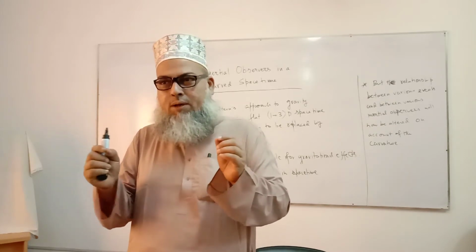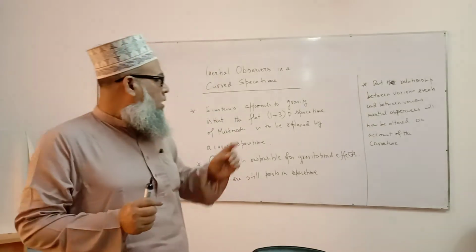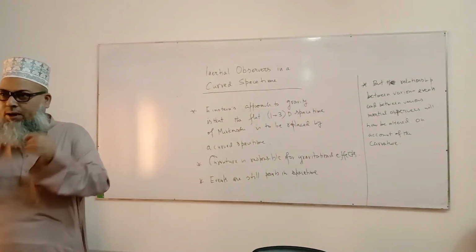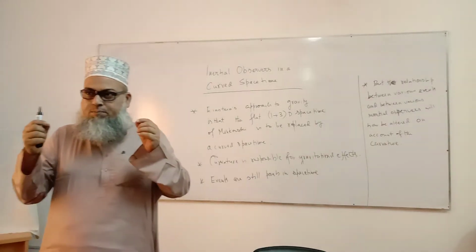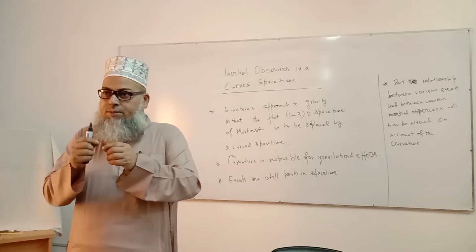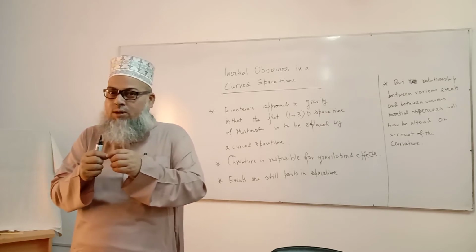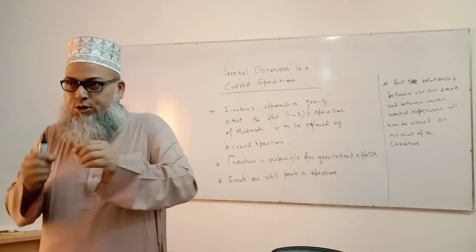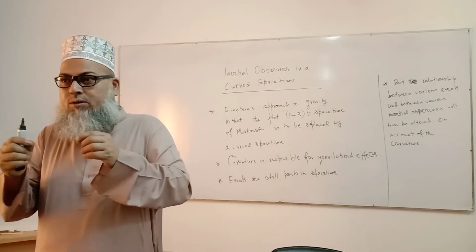This will be the same as Minkowski space. But the relationship between different events and between different inertial observers will be different from that in Minkowski space, because now the space is not flat.